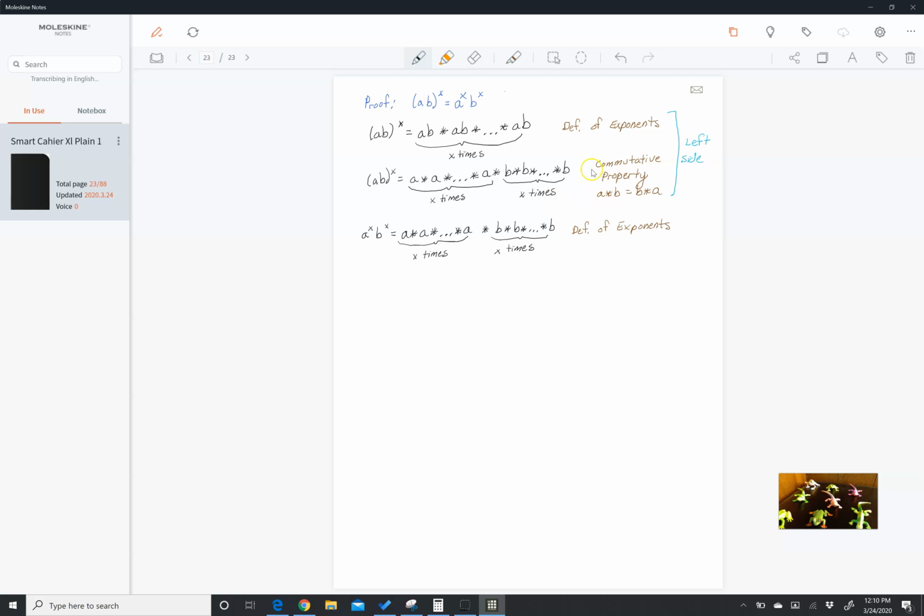So now the left side is the same as the right side. We showed that they're exactly the same. So this part here is the right side. So now we can go back to our therefore statement.